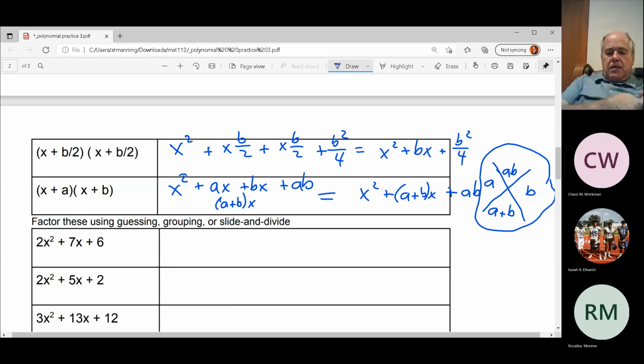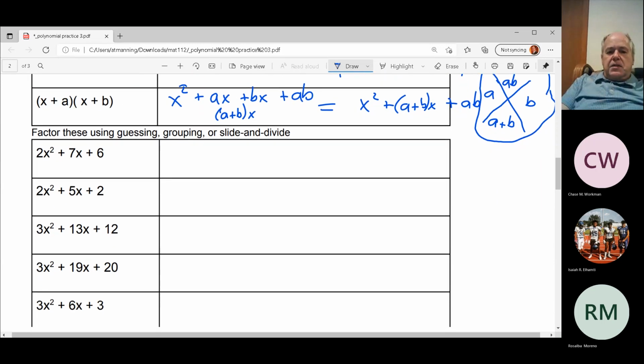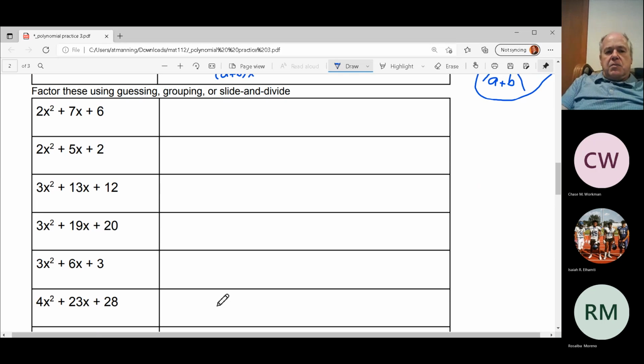Okay, now time to do a little practice with some simple polynomials. Going to do both the grouping or slide and divide. Let's do the grouping first here. I see 2x squared plus 7x plus 6. Well, it's nice they gave me a fairly simple multiplier of the x squared.